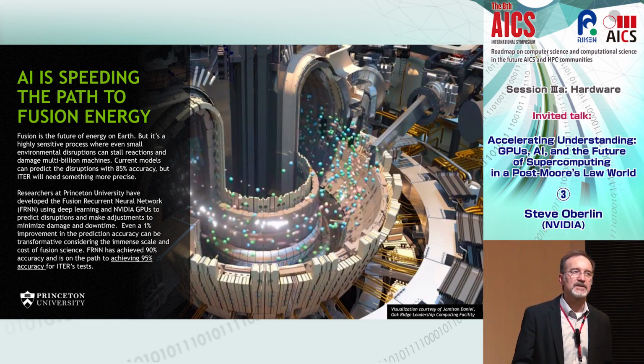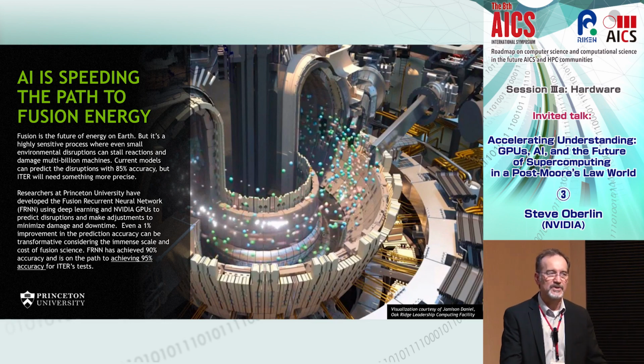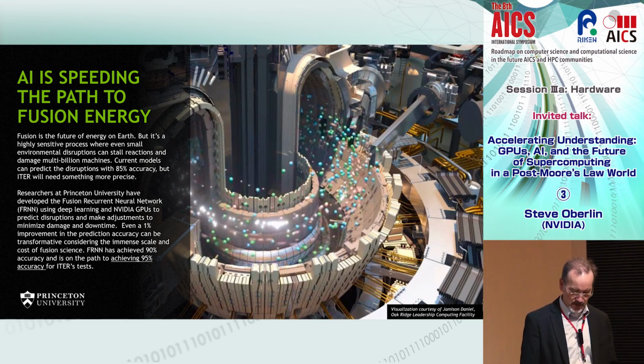And previous mechanisms to try to control the fusion were too slow, and they weren't accurate enough. And so they've been able to double the accuracy so far, and they think that this is the way they're going to get to the solution.